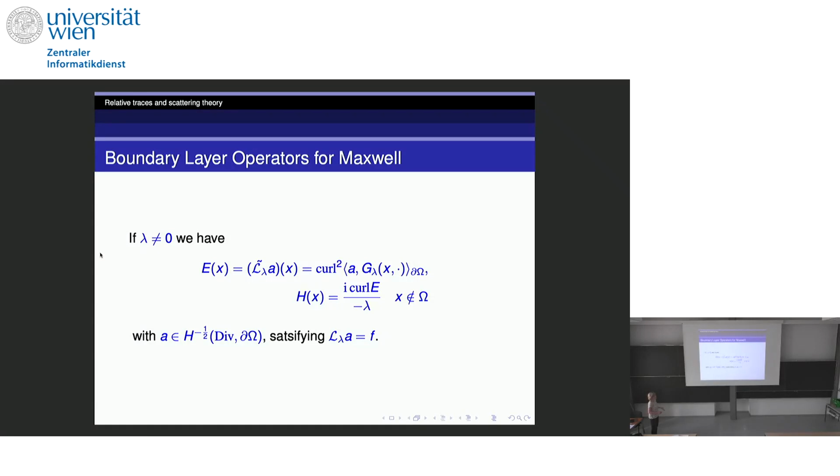So rather than A integrated against the free space Green's function on the boundary, A is a vector field, so it's actually 3 copies with the free space Green's function. And then we take curl curl. So if you take divergence of curl, you're already good, right? So you're a divergence-free vector field. And so this is how people start doing layer operators for Maxwell.